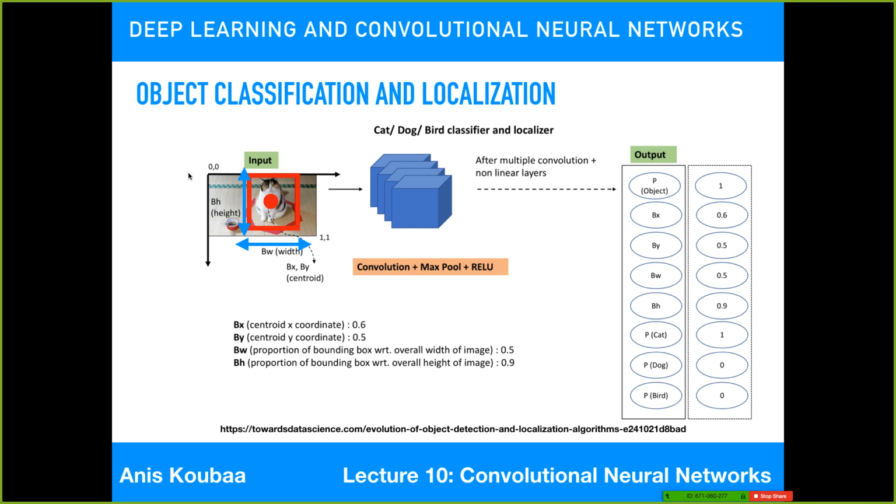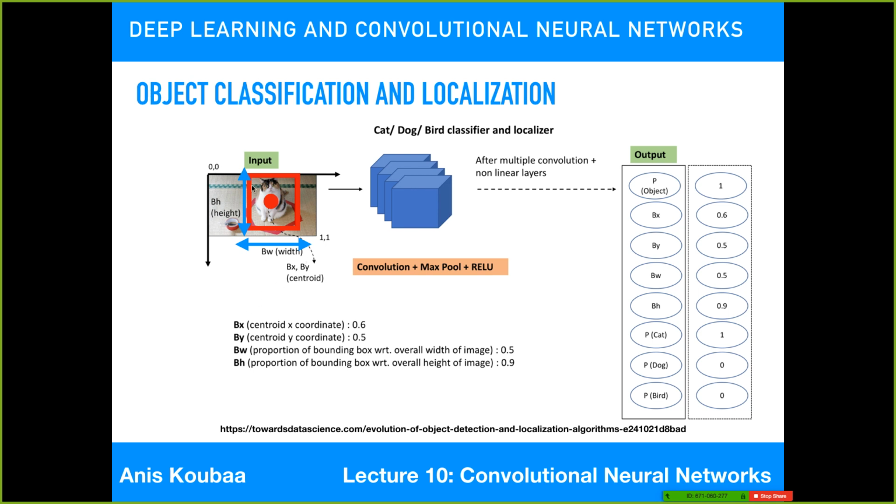Okay, so now the convention of representing the center point, the width, and the height: we're going to consider this the point 0, 0 in the image, and the point here will be considered as 1, 1. And all the values here will be between 0 and 1. It represents a proportion along the x-axis and the y-axis.